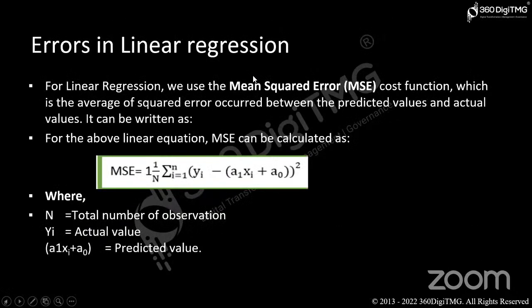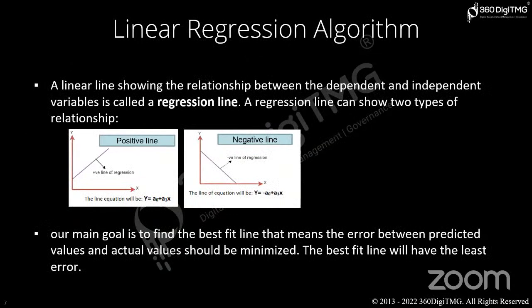So we were talking about your cost function. For this A0 and A1, we need to calculate the cost function. The different values of weights or coefficients of the line give different lines of regression. We understood that.